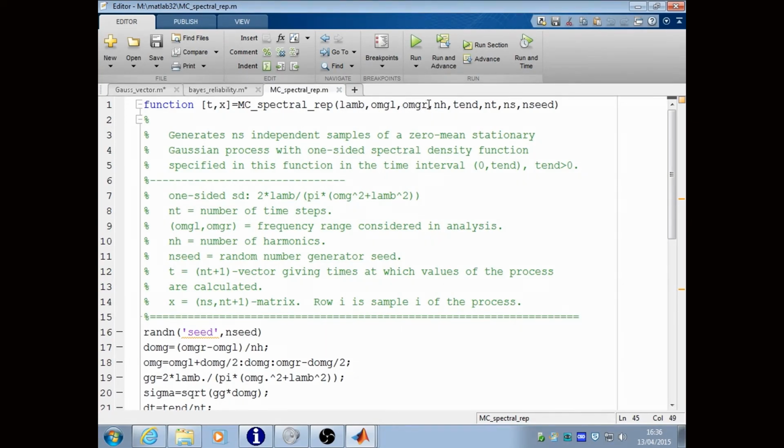This omega 1 to omega left to omega right is the range of frequency I'm going to look at. In this particular case, I'm going to go from 0 up to a certain value. NH is the number of harmonics. In our representation, it was a sum k from 1 to n, this n, that's NH.